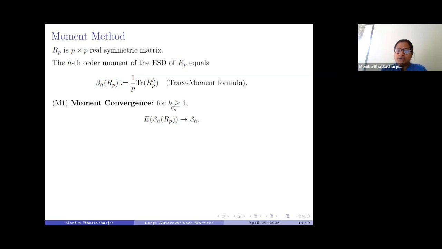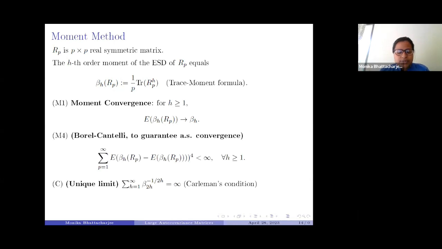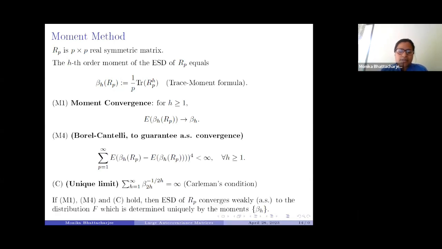This gives us a way of doing all these things together. So this is basically the method for getting the limiting spectral distribution. I'm not going into the technicalities at this point.